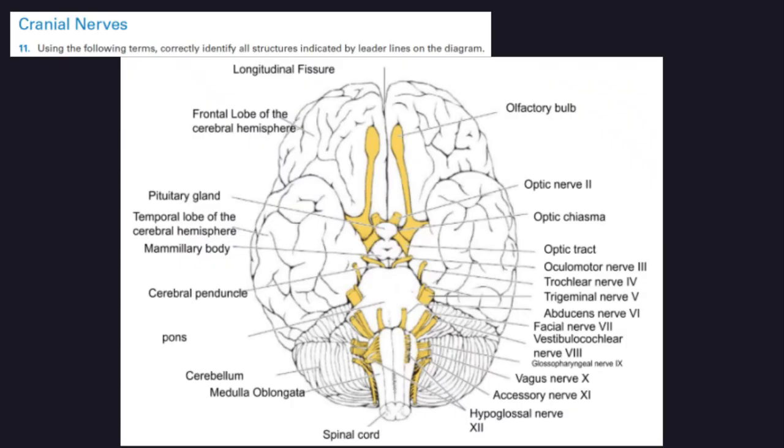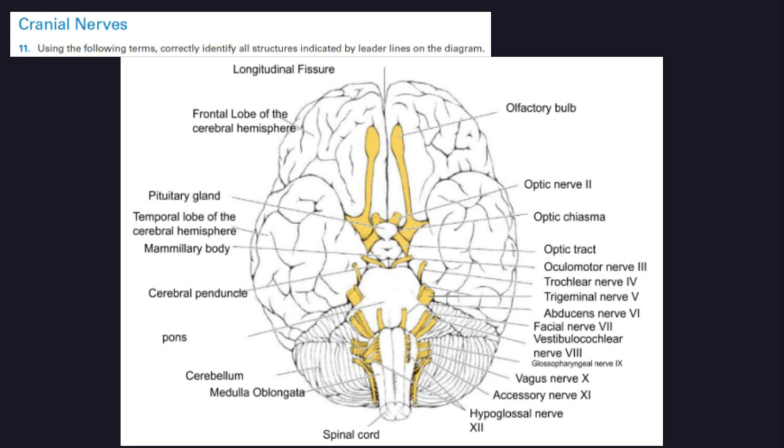Number 11. Using the following terms, correctly identify all structures indicated by leader lines on the diagram. So the first line, which is in the upper middle, is the longitudinal fissure. And let me first discuss the names on the left side of the brain.